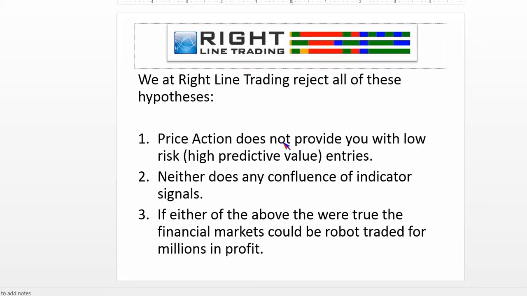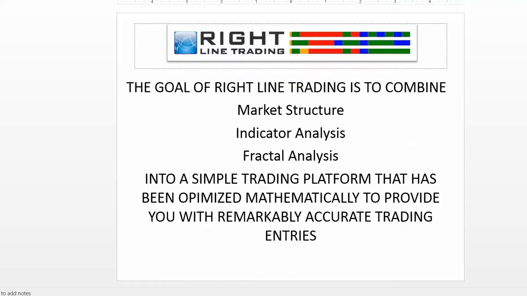So really what I said was price does not provide you with low risk, high predictive value entries. Neither does any confluence of indicator signals. And like I said, if either did, you'd be able to trade the markets for an enormous amount of profit. So what we've done at Rightline is to create a system that combines market structure, which is simply price action, with indicator analysis.